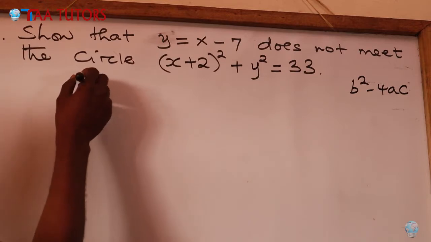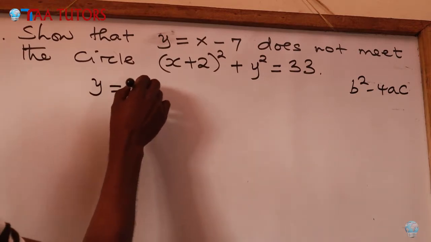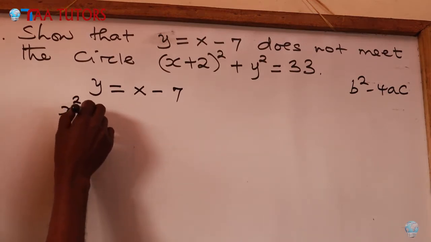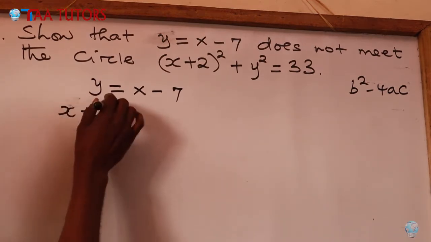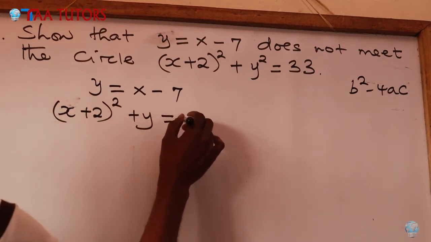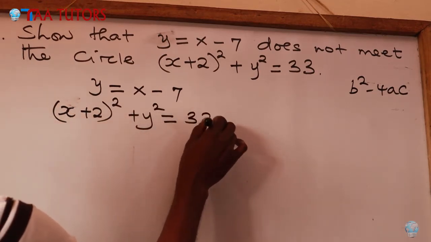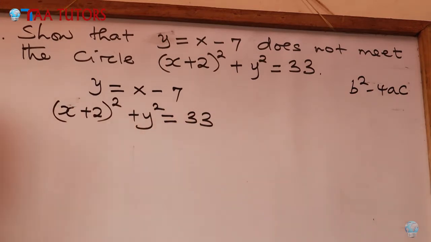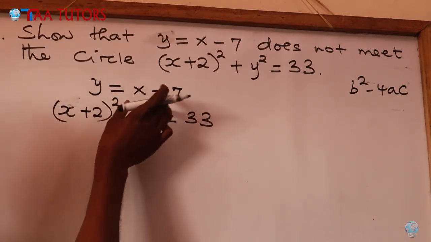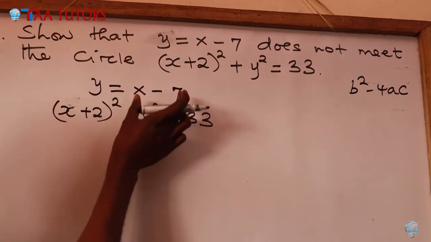So if you have y equals x minus 7, and then (x plus 2) squared plus y squared equals 33, I want to solve this simultaneous equation, so I'm going to substitute the value of y, which is x minus 7, where y is.